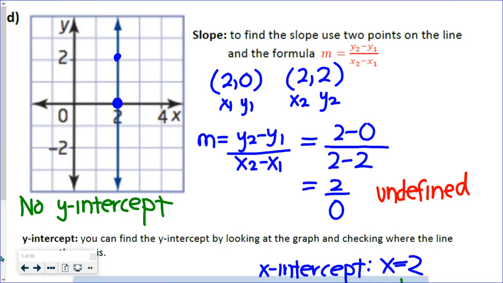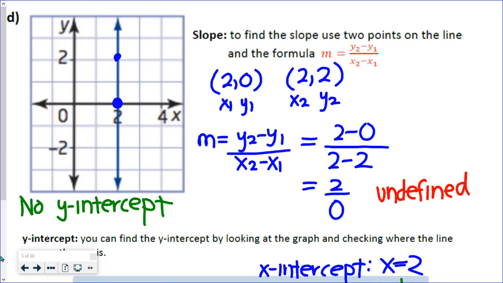So it really doesn't matter which one you label your x1, y1 and which one you label x2, y2, as long as you're plugging the right values into your formula. y2 minus y1 over x2 minus x1 gives me 2 minus 0 over 2 minus 2. Now, the number one mistake I see on a question like this is students think that 2 over 0 is equal to 0. It is not.